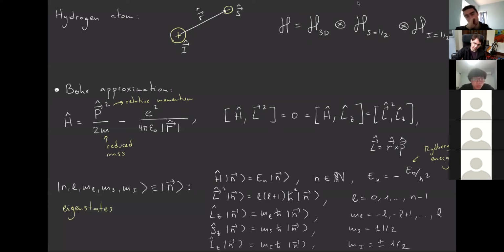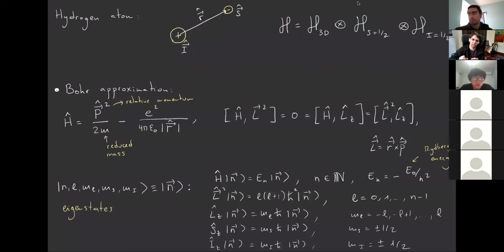Of course, I could also write that these are eigenstates of S square and I square, but that's something that is fixed, like the quantum number associated to the spin of the electron is 1/2, and that's never going to change because that's a property of the electron. And the same for the property of the nucleus.